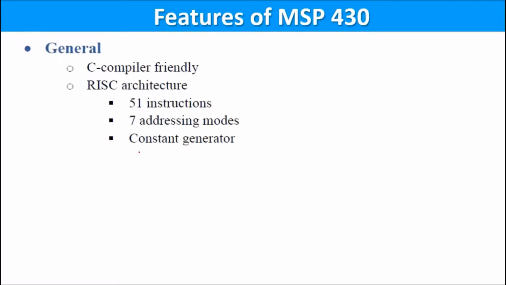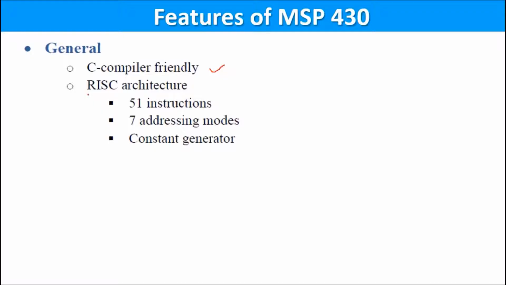The general features of MSP430 are, it is C compiler friendly. That means we can write embedded C programs for MSP430. And CC Studio is available to compile the MSP430 program, and also to download it to the MSP430 board. So MSP430 boards are available from TI, and we can directly use them for applications.